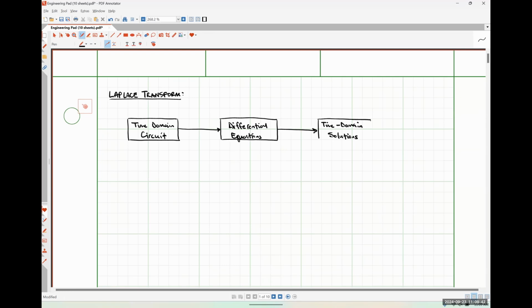As an alternative path, right? I'm just going to put a dashed line here representing the transition from the time domain into the frequency domain. So we could have instead, and this is what we learned late in circuits 1 and again in circuits 2, converted our circuit from the time domain into the frequency domain.